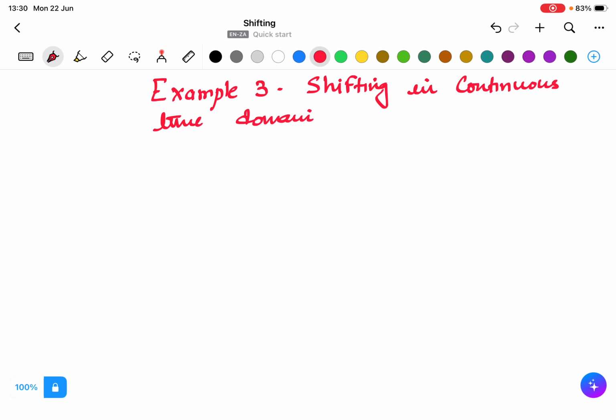Here we are going to do today a shifting operation on a question given in Signal and Systems Open Handbook. So this signal is given in continuous time domain.